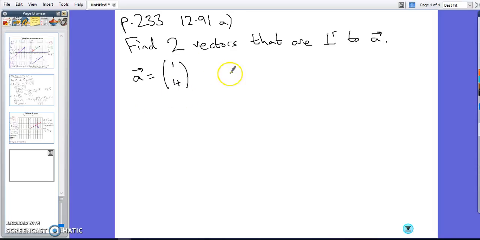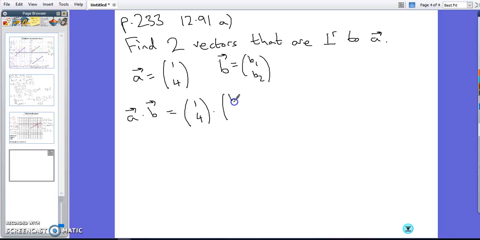So we could go about this by saying, well, B is equal to (B1, B2), and we know that A times B, (1, 4) times (B1, B2), has got to equal 0 if they're going to be perpendicular, which means that the components B1 and B2 have to satisfy the equation 1 times B1 plus 4 times B2 is equal to 0.